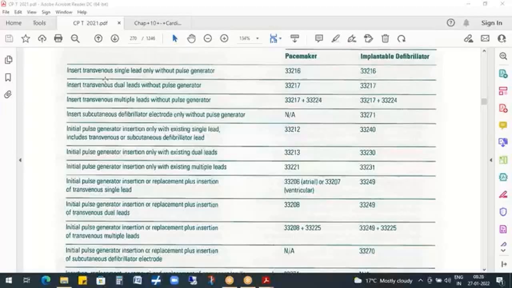Now write down the points, everyone. Types of procedures performed. First one, insertion of lead.